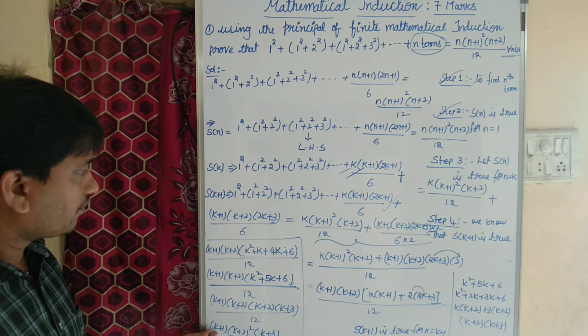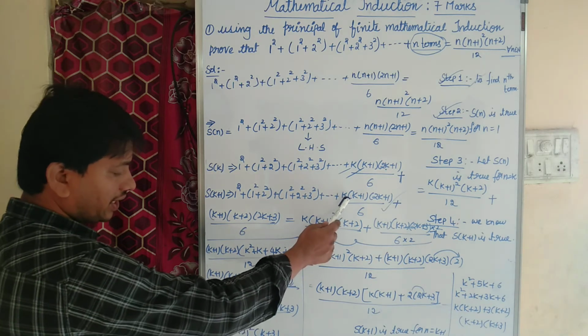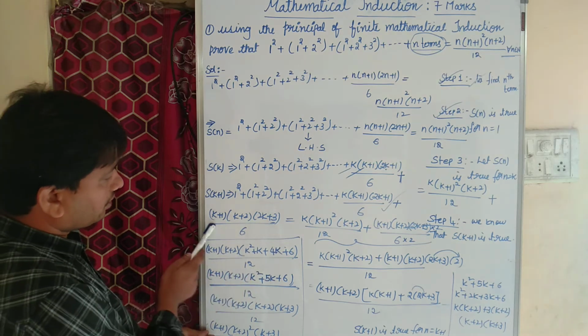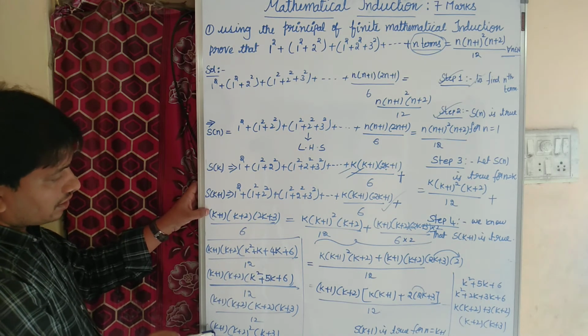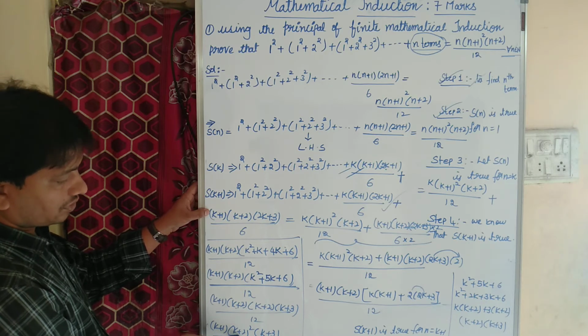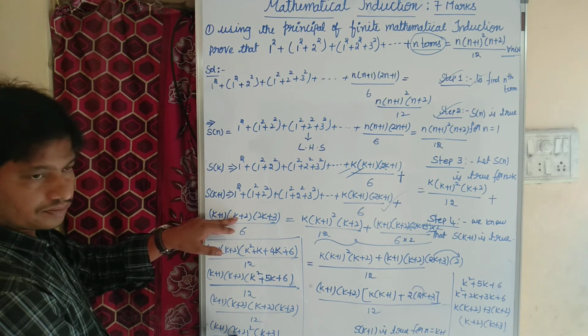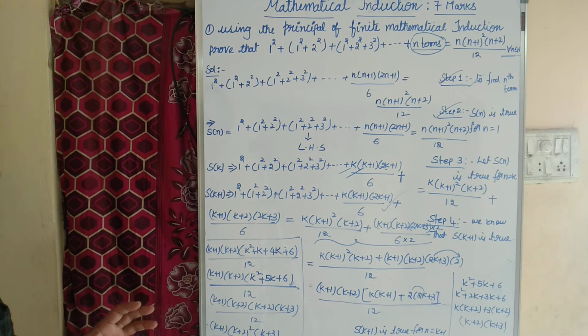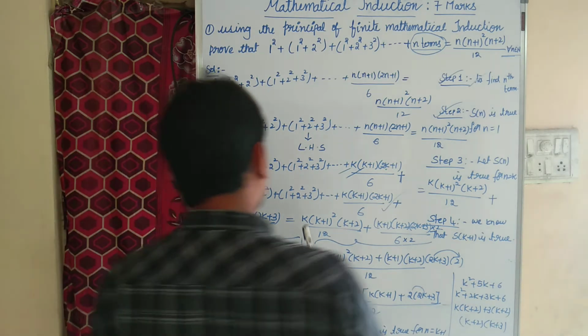Okay, here only the same thing we will get. Whatever we added here, in place of k we added k plus 1, k plus 1 plus 1, k plus 2 into, again we got k plus 2 into 2k plus 3, divided by 12. So LHS and RHS both are equal.